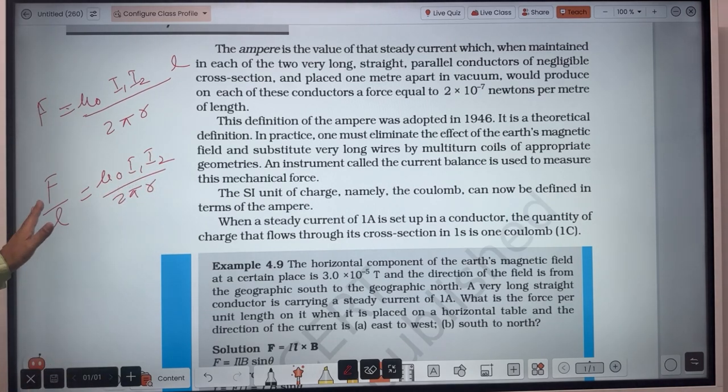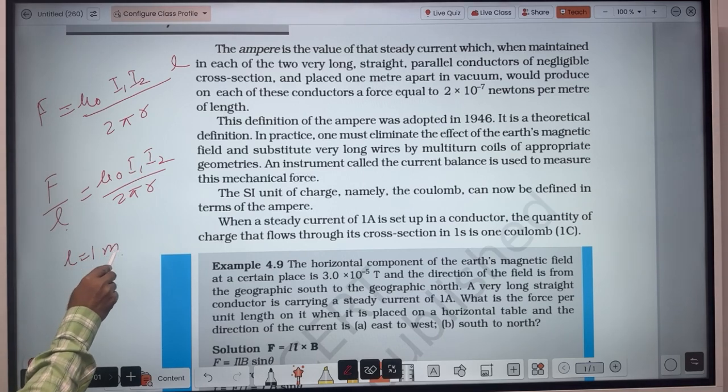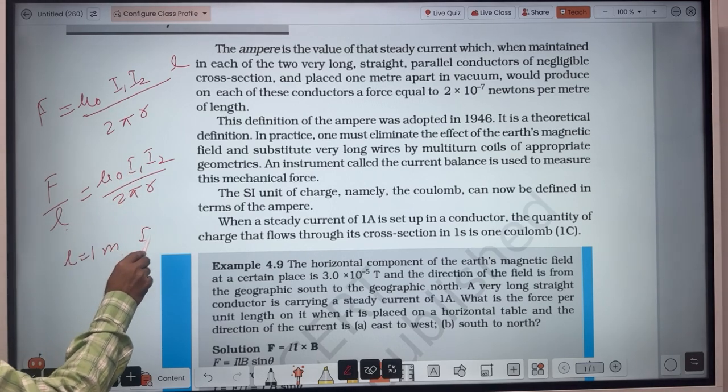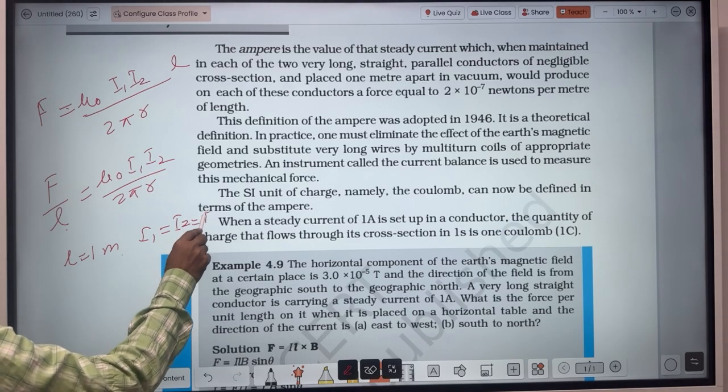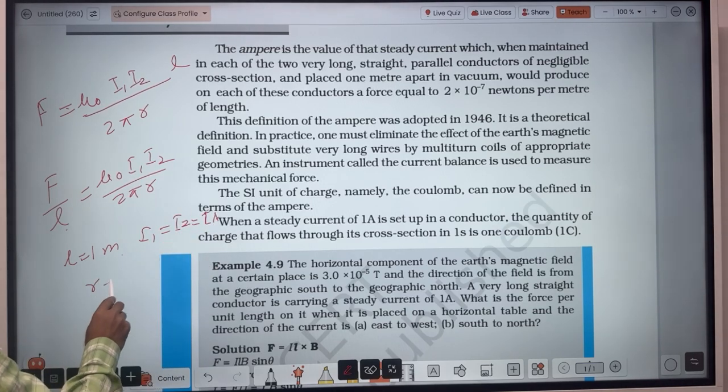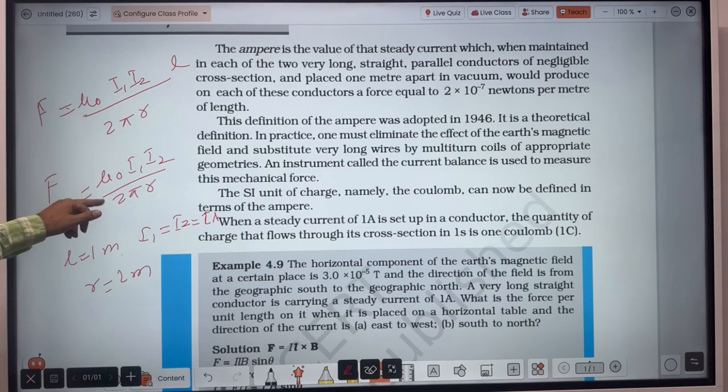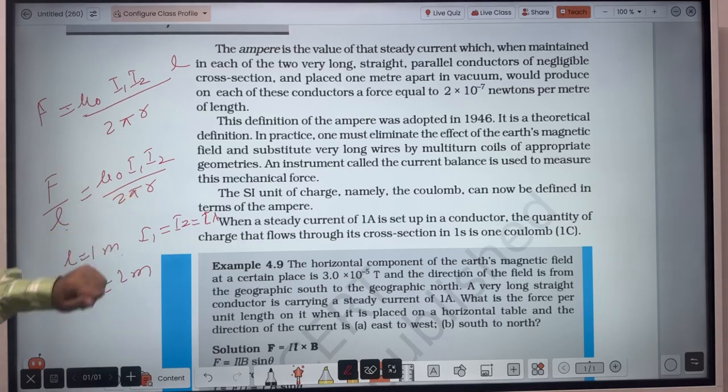So here we can do one thing. Suppose we take a length equal to 1 meter, right? I1 equals I2 equals 1 ampere, and R is 1 meter. Then what do we get? F upon 1 equals mu naught times 1 into 1 divided by 2 pi.